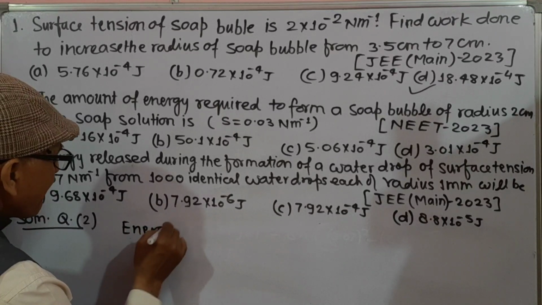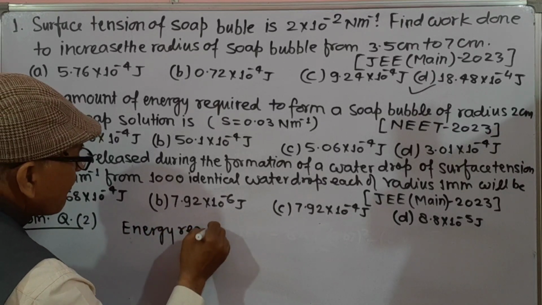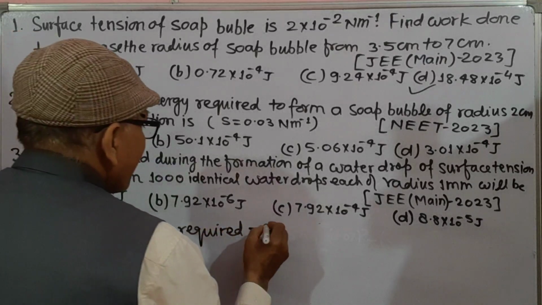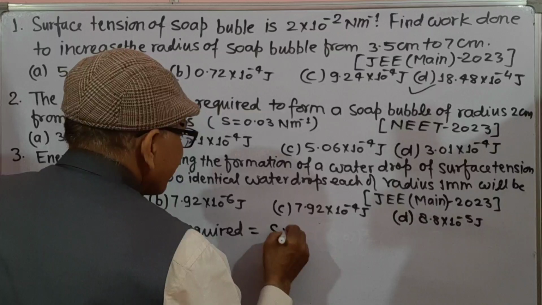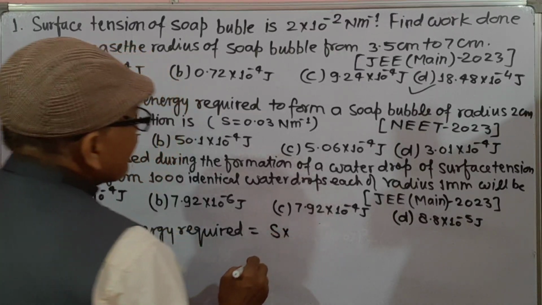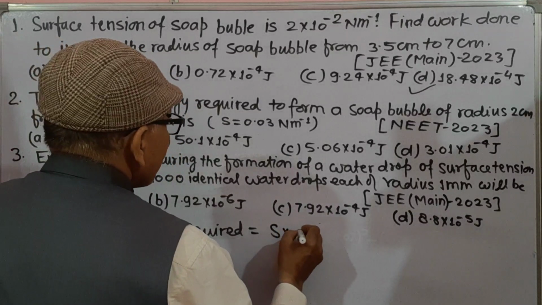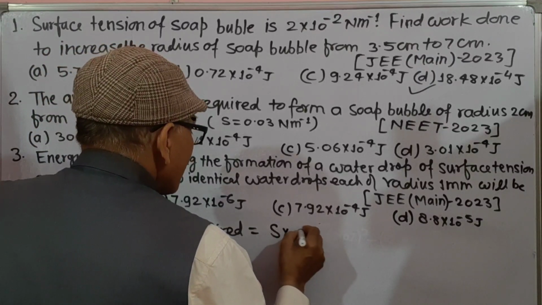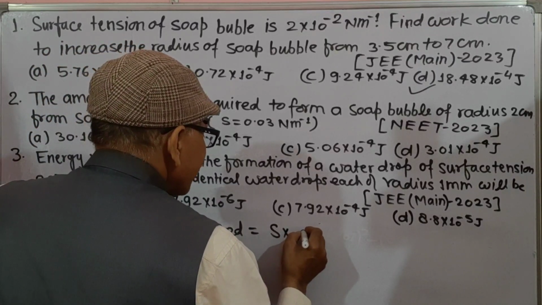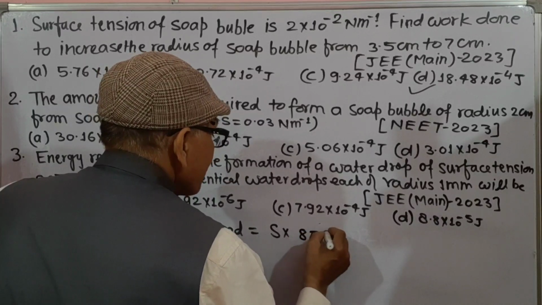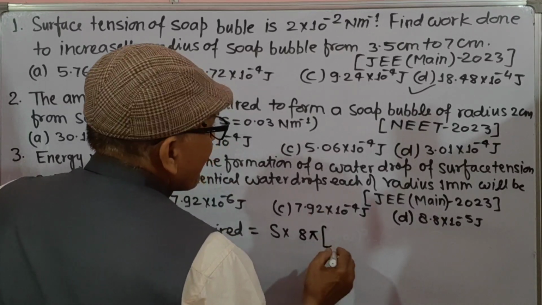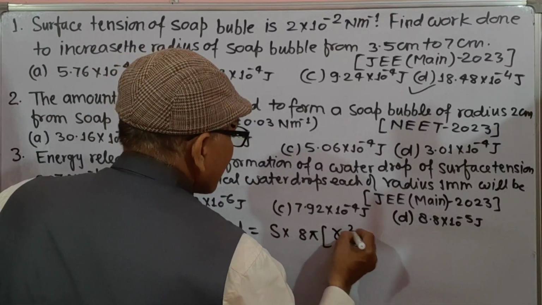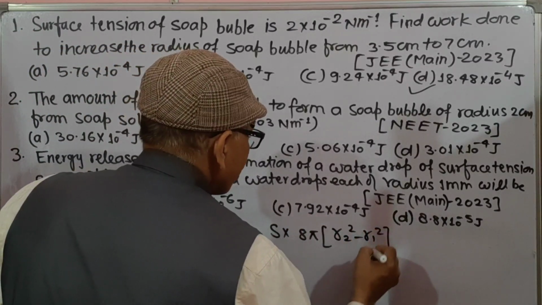Energy required will be equal to surface tension into change in area. Change in area is 8 pi into R2 square minus R1 square.